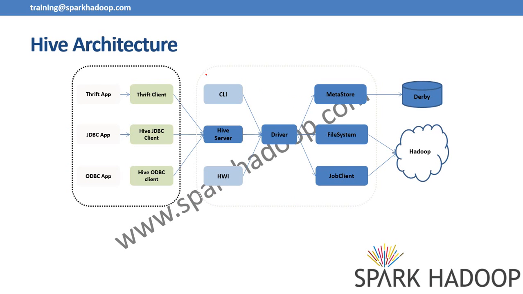Let us look at architecture. We talked about CLI. We talked about Hive server, which is internally JDBC or ODBC. You can connect across. So all your BI tools come here. This is about Hive server 1 architecture, where all your BI tools use ODBC, which in turn connects to the Hive server. The driver is the one which passes the query and creates the MapReduce jar.